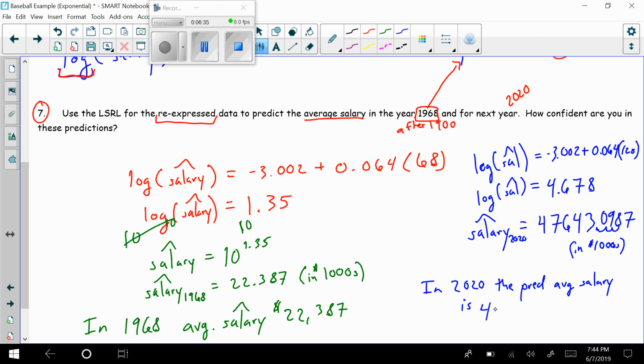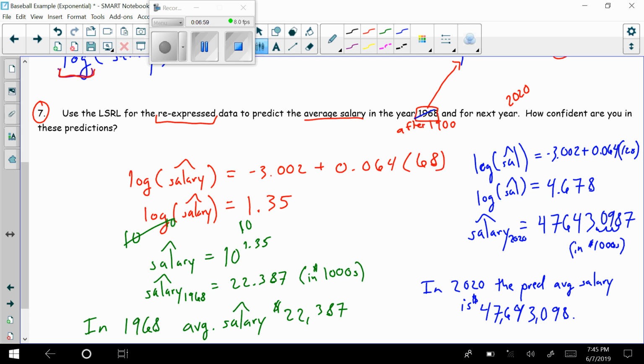So that's 47,643,098. Now let's put the commas in there. That is $47 million is the average now. That's the predicted average in 2020.